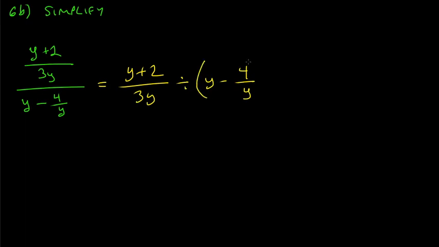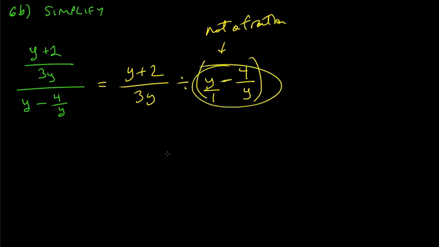But the problem is, this is not a fraction, it's two fractions. It's y over 1 minus 4 over y. So if you're going to do it this way, you have to subtract these two fractions, get a common denominator, and so on.